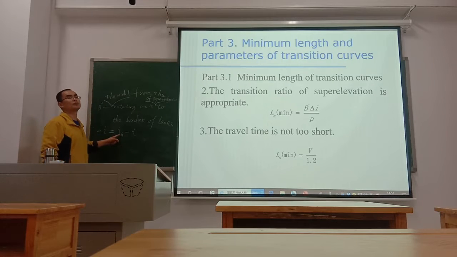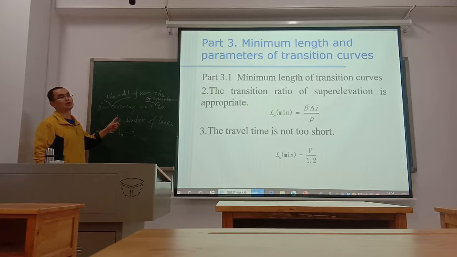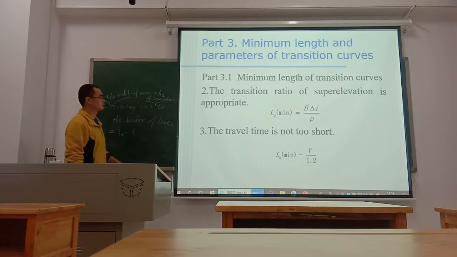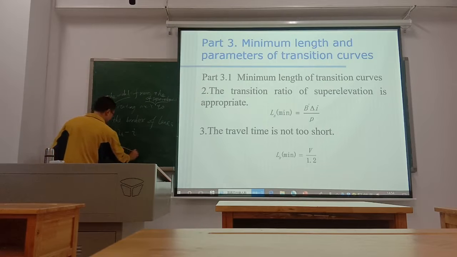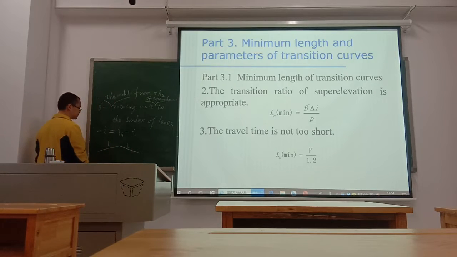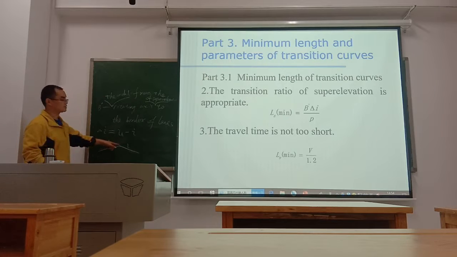i_h is the superelevation slope, the cross slope of the superelevation. i is the cross slope of the normal section, or general section. This is i_h minus i.